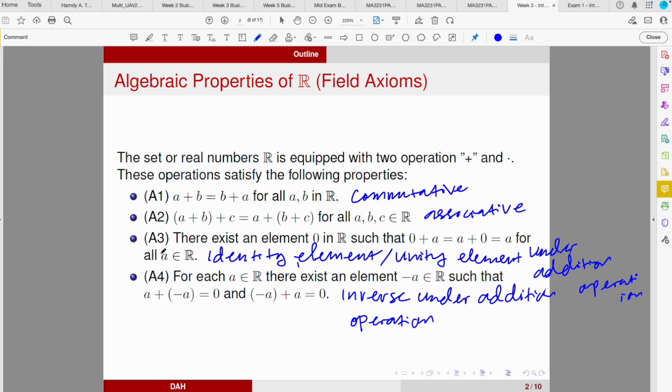By axiom number 4, for every real number, whatever the real number, there always exists the negative element.